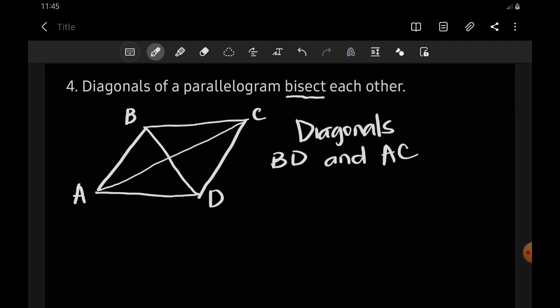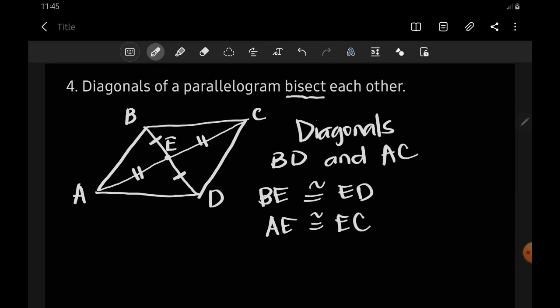For example, BD and AC intersect at point E. This is the point of intersection. When we say bisect each other, BD bisects AC, and at the same time, AC bisects BD. So BE will be congruent to ED and AE will be congruent to EC. If we write it down, it must be BE congruent to ED and AE congruent to EC.